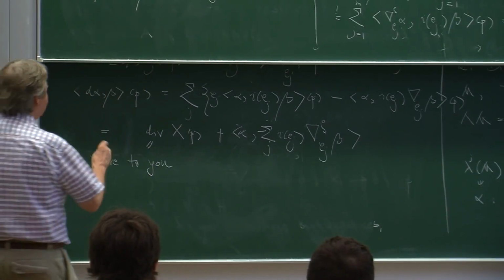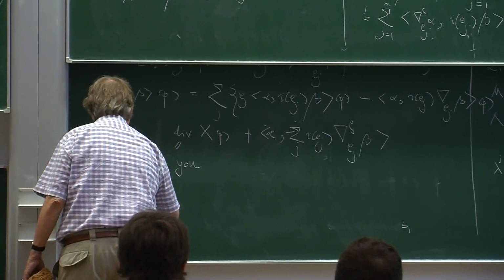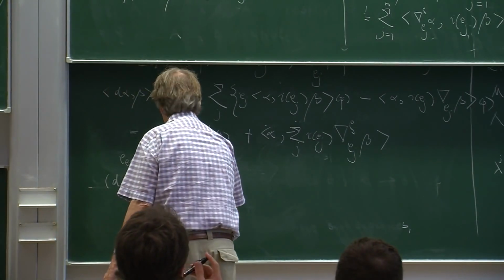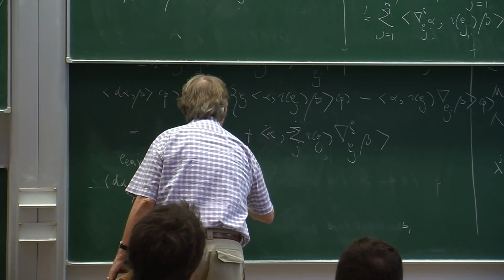And then now we integrate both sides. So we find d alpha comma beta equals the integral of the divergence of x.